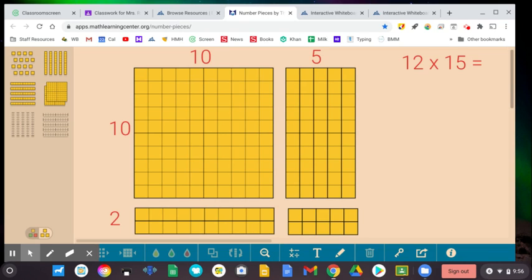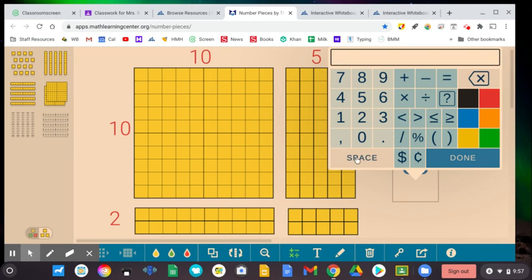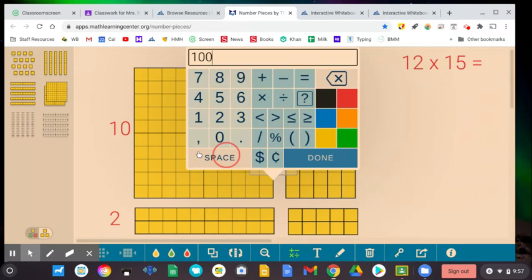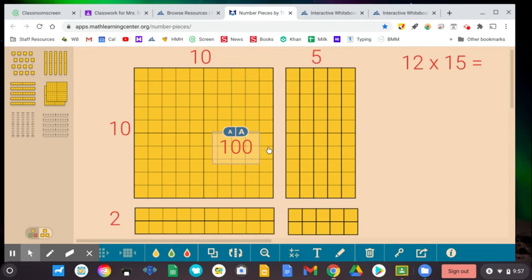Now that we have the dimensions, we're able to multiply our hidden arrays, the mini arrays that are inside of this array. So we know that 10 times 10 is, and I hope you knew that one, put it right in the middle. So now we have a group of 5 times 1, 2, 3, 4, 5, 6, 7, 8, 9, 10. 5 times 10.